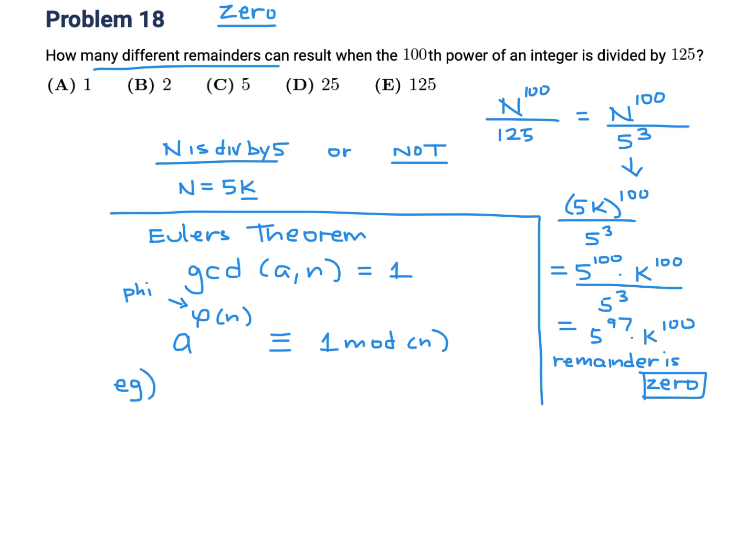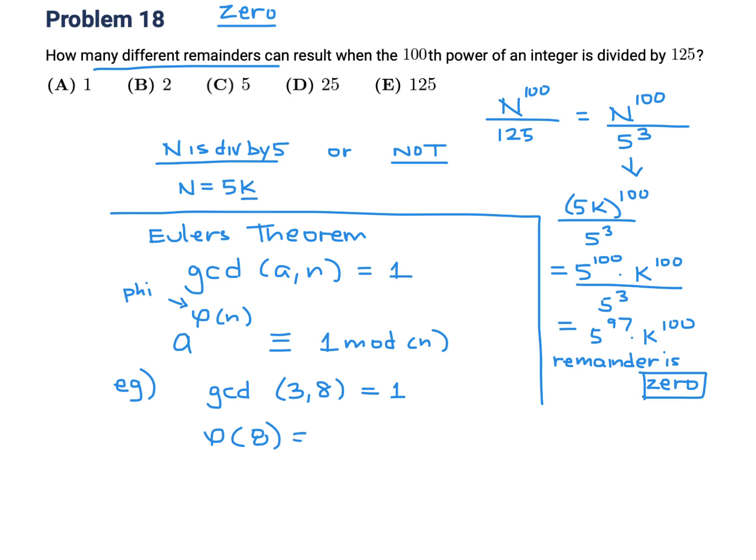So here we go, an example to make this clear. Let's say you have two numbers. Let's choose 3 and 8. Their greatest common divisor is 1. Correct? So that basically means that we need to figure out the phi of n. n in this case is 8.